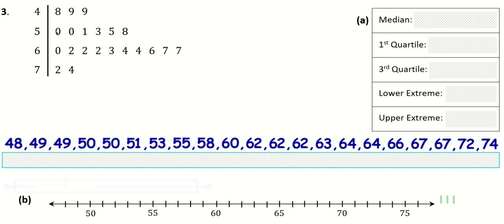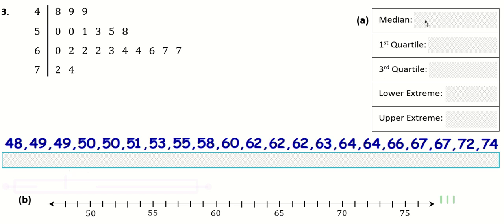Number 3, I don't know, you didn't have to write all these out. I mean, I guess you can find all the medians and stuff just by looking at the numbers like this, like in the stem and leaf plot. But I wrote all of them out right here, all the way from 48 to 74.